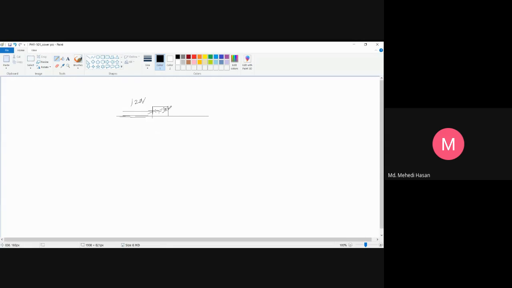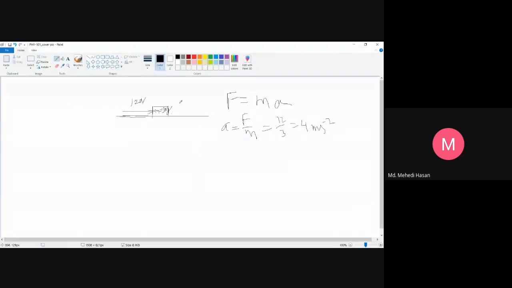In that case, F equal to ma, so you can easily find the acceleration by F by m, which is 4 meter per second square. This is the acceleration produced by the applied force of 12 Newton on a 3 kg object.